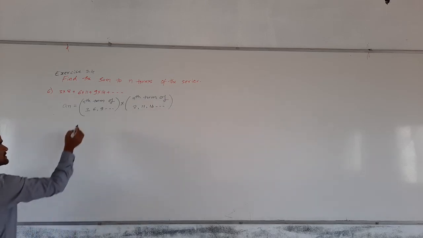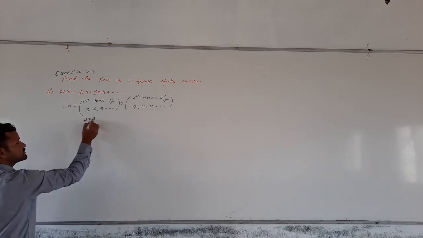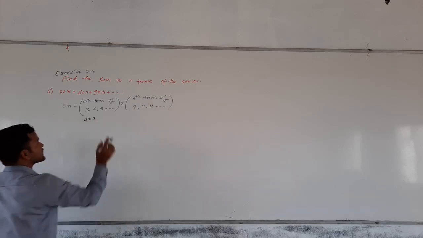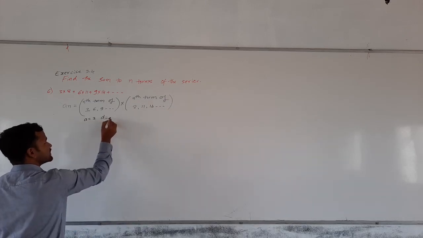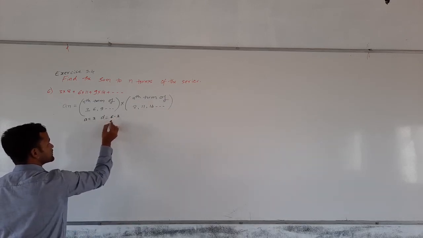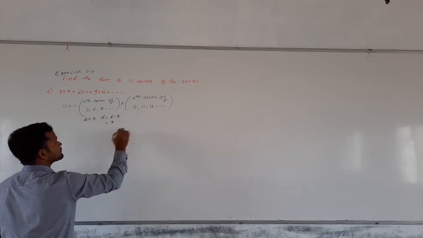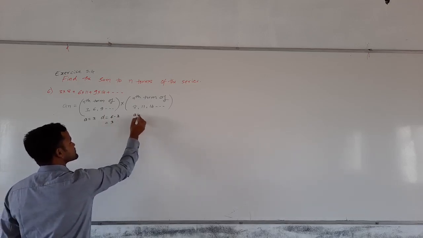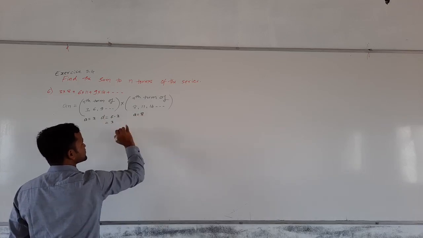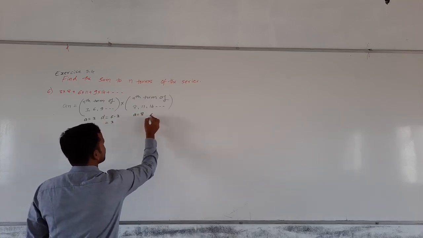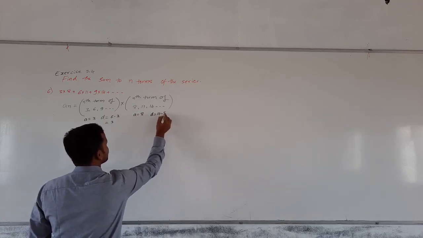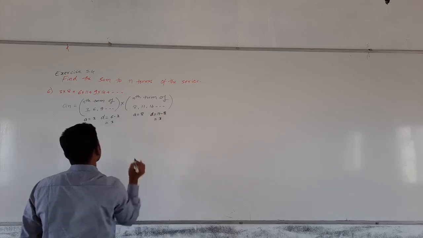This is in AP with a equal to 3 and common difference d equal to a2 minus a1, that is 6 minus 3, which is 3. The second one is also in arithmetic progression with first term a equal to 8 and common difference d equal to 11 minus 8, which is 3.